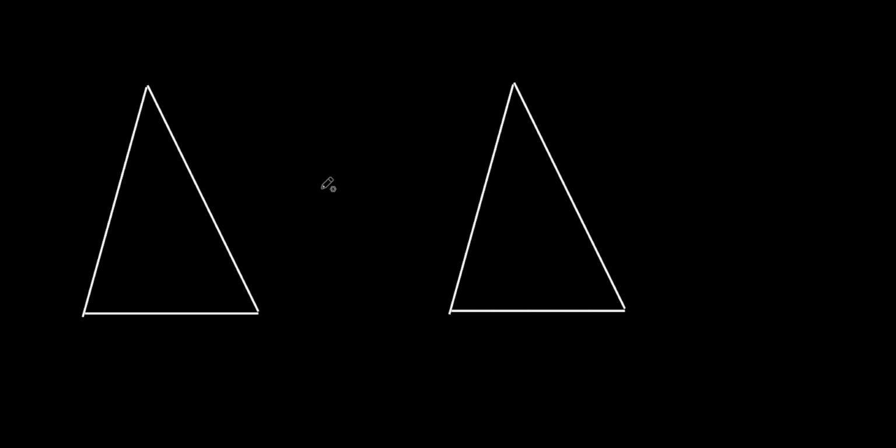This one right here, they tell you that this angle is equal to this angle. And they tell you that this bottom side is equal to this bottom side. And they tell you that this side over here on the right is equal to this on the right. Let's put the letters in here as well.